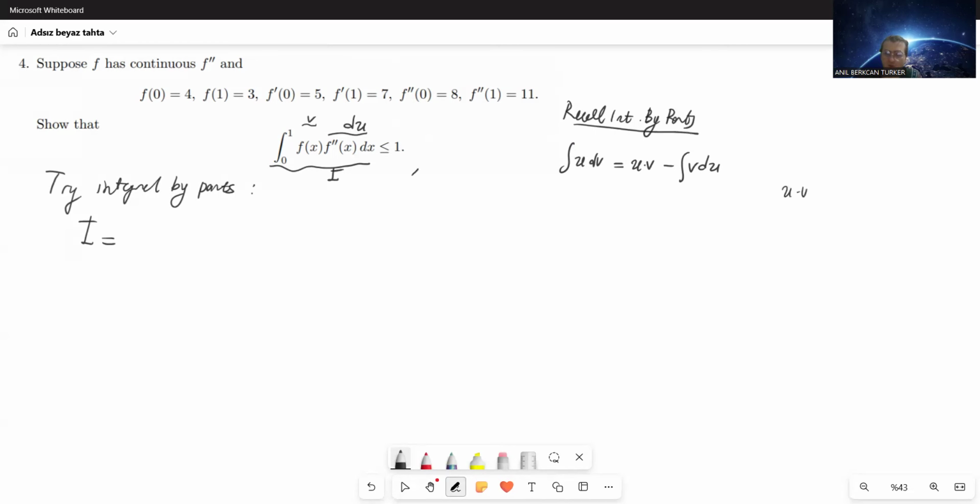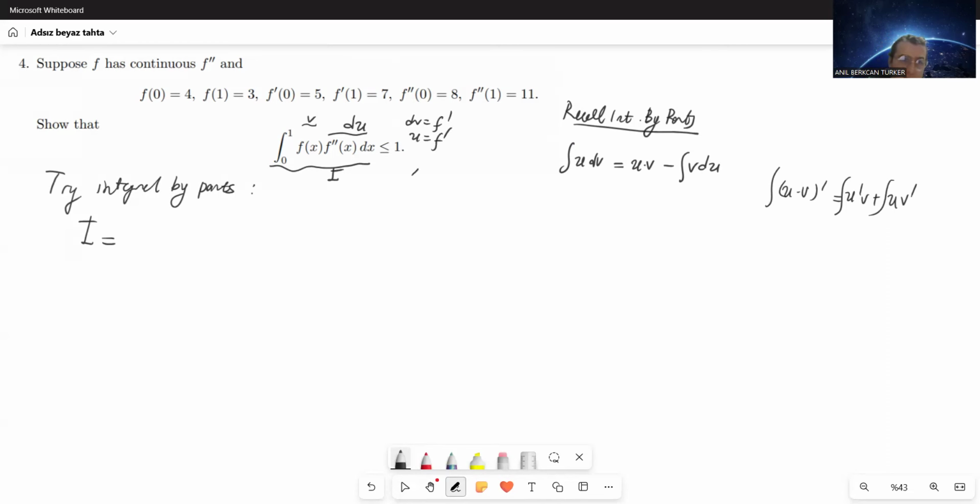What is the derivative of uv? It is u prime v plus u v prime. If you take the integral of each side, you get this formula. That's all. So in this integral, dv is equal to f prime, and u is equal to f prime.